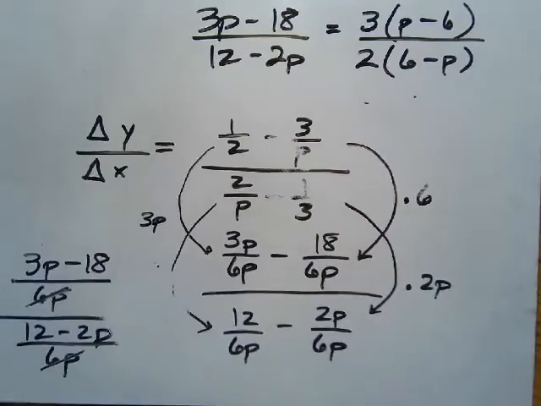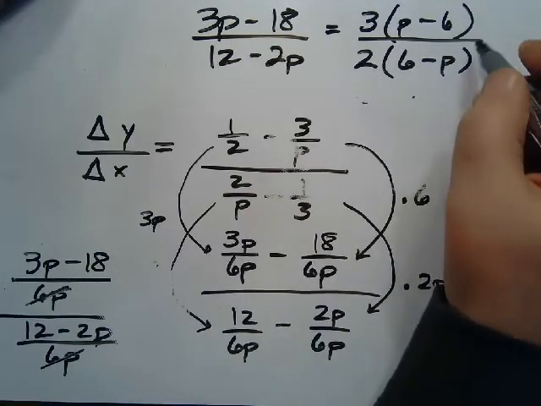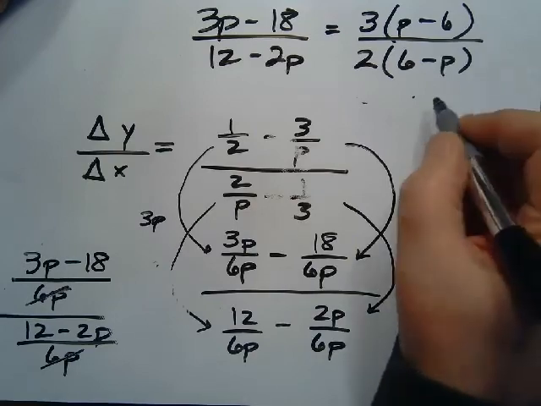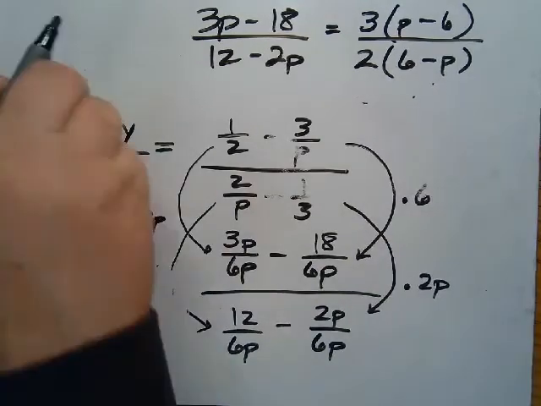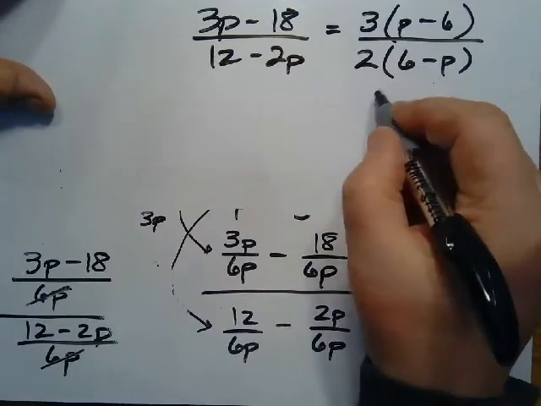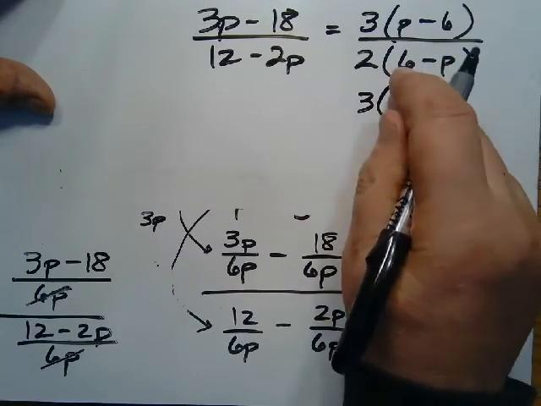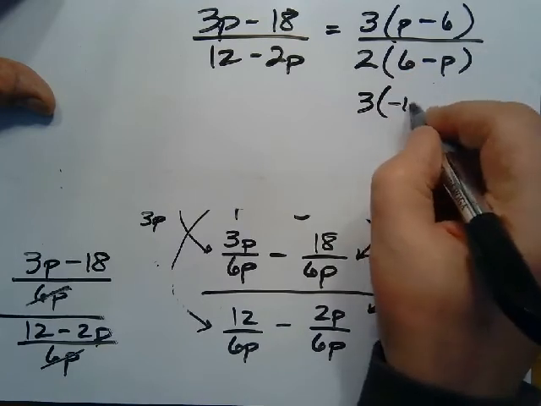Well, there's that situation again where I factor a -1 out of that. We're running out of room here again, aren't we? You're going to need a lot of paper. Let's take a -1 out of the top one.